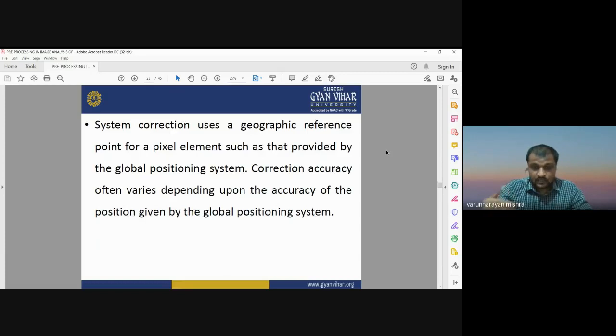For getting the actual position on the ground so that we can match it with the position on the satellite images, we need to use the GPS coordinates. So the coordinates, or you can say the latitude longitude information of an object in the real world, can be captured by a global positioning system so that we can easily match the actual coordinate on the ground with the coordinate observed on the satellite images.